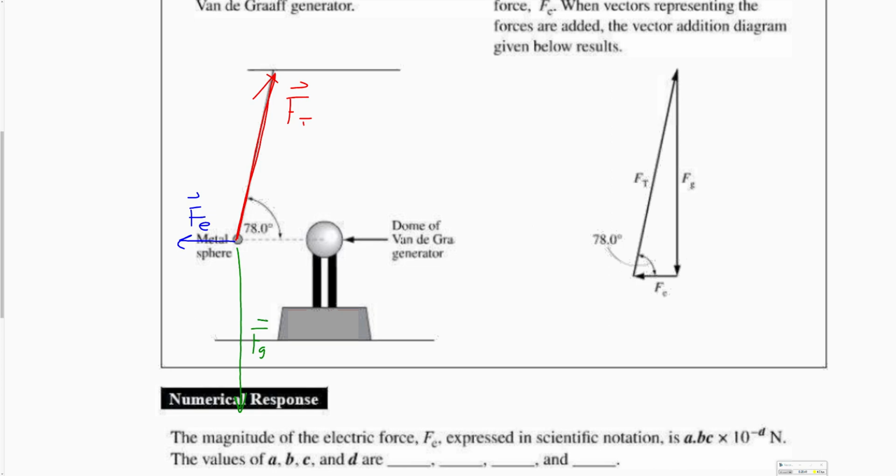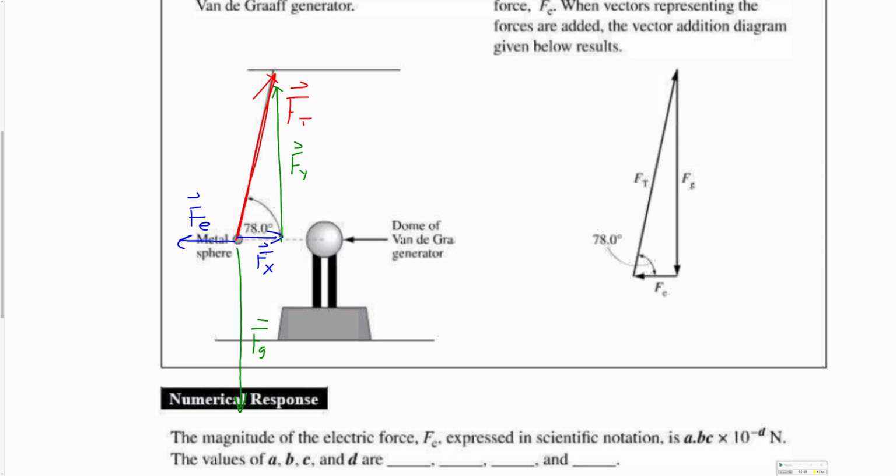Forces must balance. The X component of the tension must balance the electric force, and the Y component of the tension must balance the gravitational force. We're looking for the electric force.